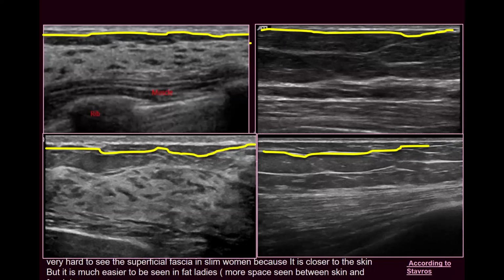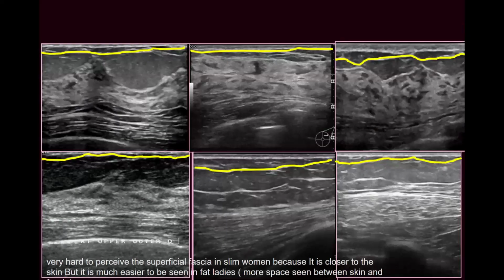You can barely see it. It will be just very close to the skin. While in a fatty woman, there will be a good amount of fat between the fascia and the skin, so we could well visualize it.